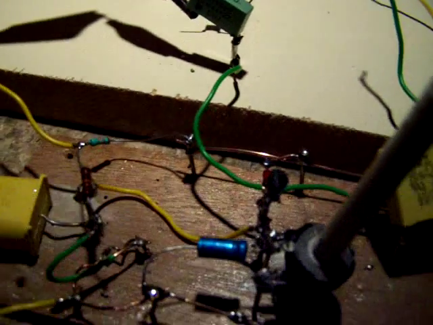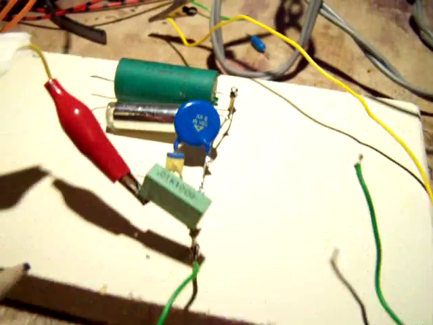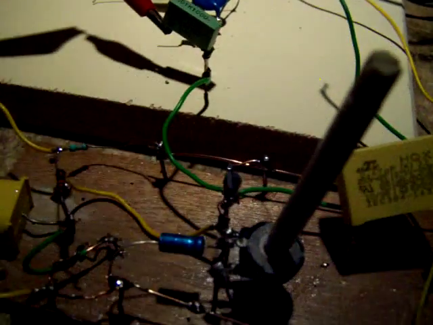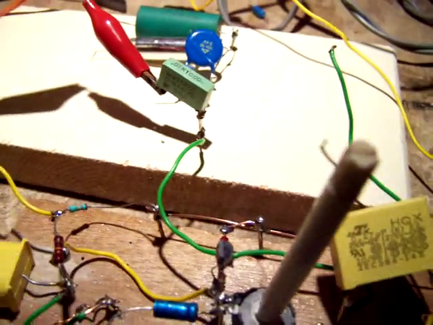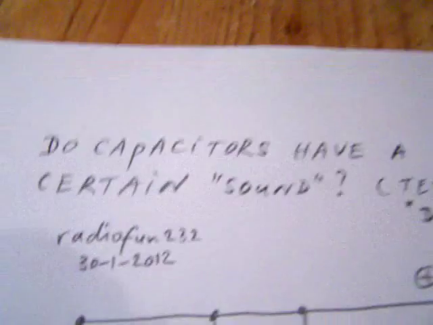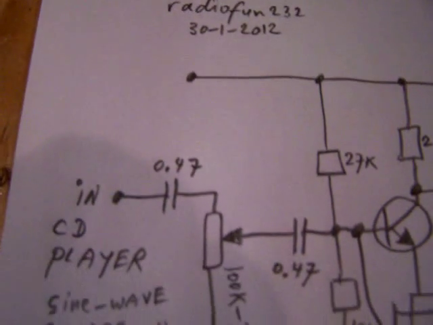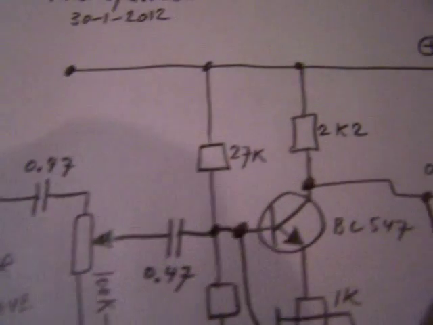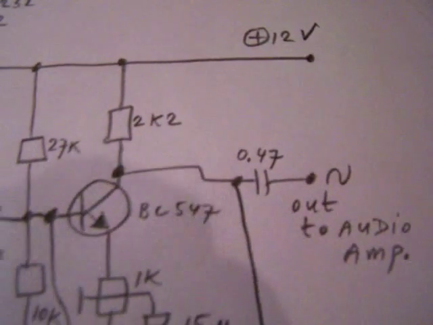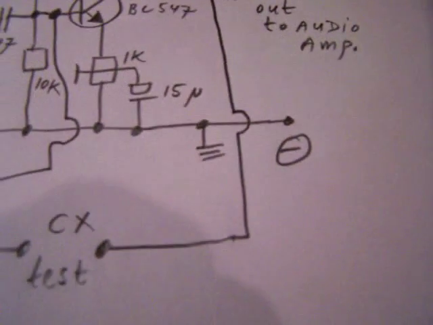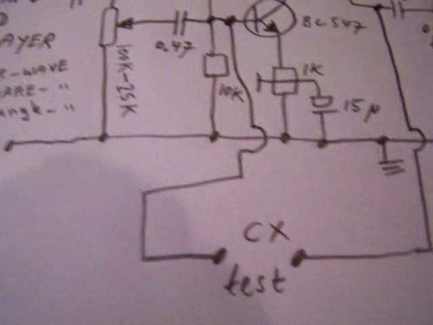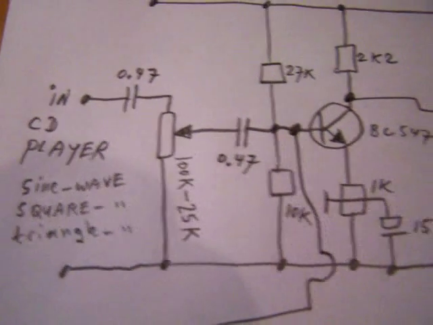But you can do tests on capacitors and on their effects on certain frequencies with this schematic. And of course, with complex filters, with a band pass filter, perhaps it's possible to see more effects from different types of capacitors. But this is only a very simple test.